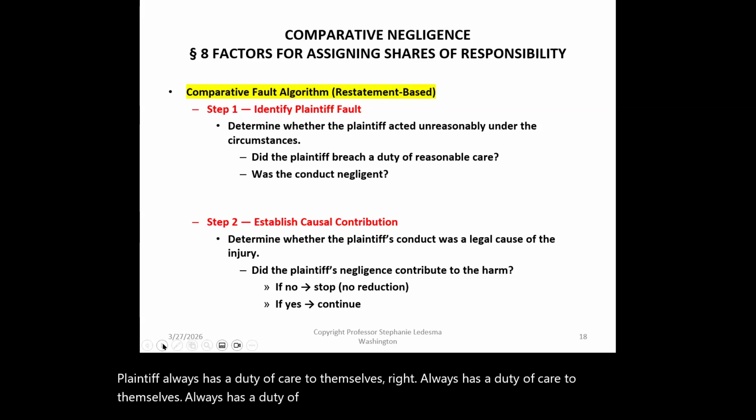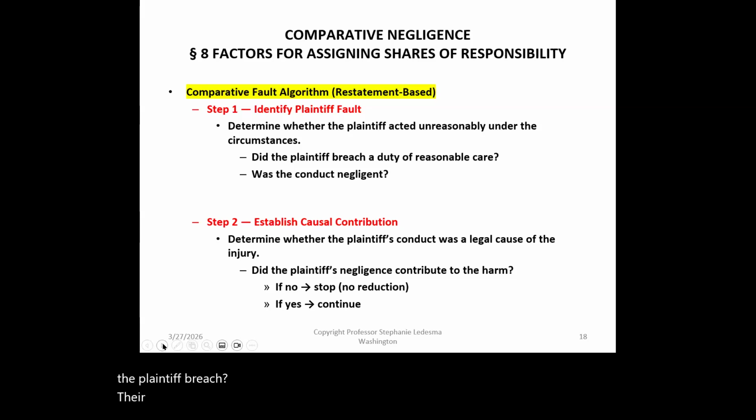So the question that I wind up asking is, did the plaintiff breach their duty of reasonable care to themselves? Did the plaintiff breach the duty of reasonable care that they had to themselves?